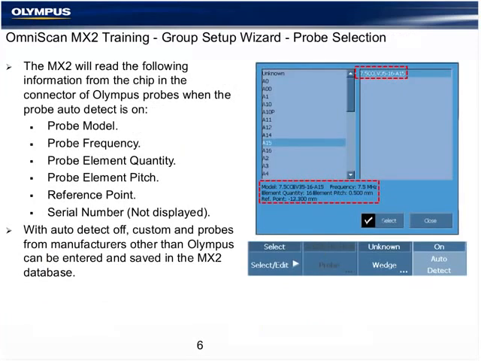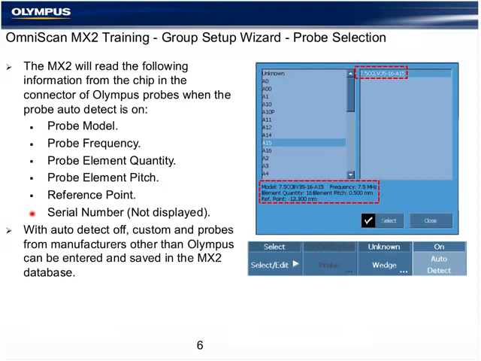In the MX2 environment, on the instrument itself, all of the probe parameters are easily taken care of for the calculator because the probe has a chip that's automatically read by the software. The software needs to know the probe model, frequency, element quantity, the total number of elements in the probe, the size of those elements, a reference point, and a serial number is possible, but it has nothing to do with the focal law calculator.